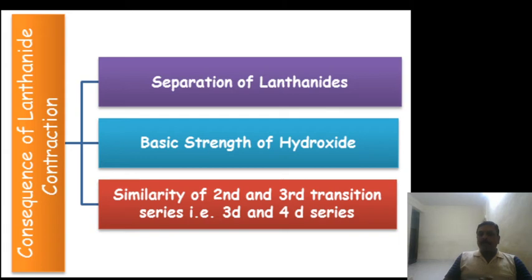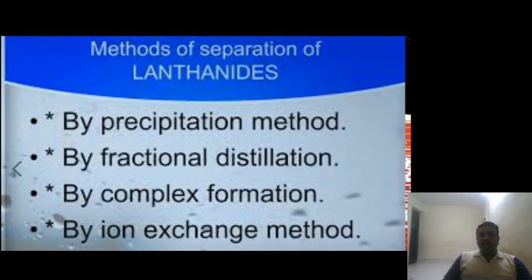Then the similarities of the second and third transition series. That is again the similarity between lanthanum and the post-lanthanides. Because the atomic size is the same, and the properties depend mainly on the atomic size, the properties will be the same. So this is the third consequence. These are the consequences of the lanthanide contraction.